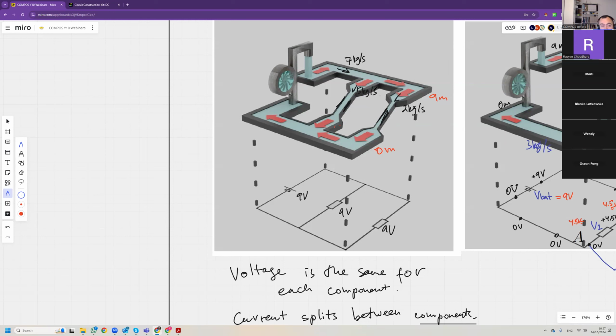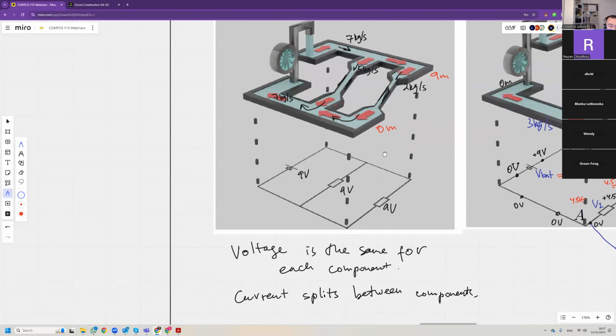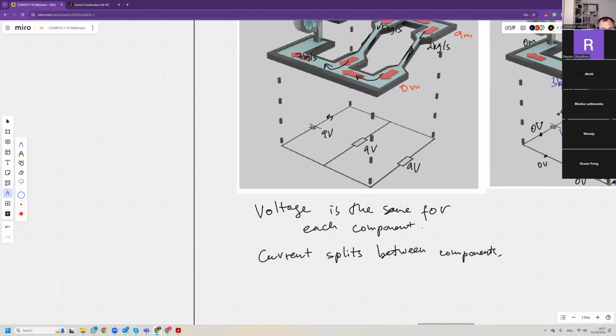So the flow rate would be different, and then the flows would join together. There's 2 and 5, and they go back to 7 kilograms per second. Similar here, if you have a current flowing from the battery, let's say 7 amps. This is 2 amps, and this is 5 amps. So the current splits and then rejoins back to make 7 amps.